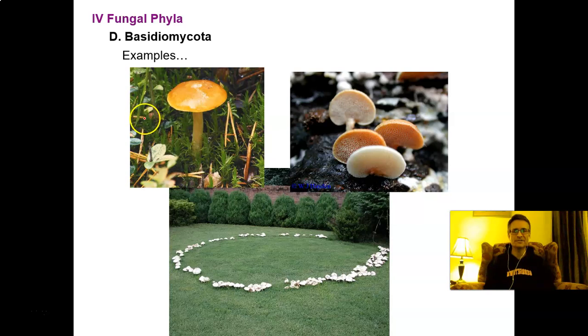Here are a couple of examples of different basidiomycetes. Mushrooms, of course, are one example, as we've been talking about. Another example are shelf fungi that often decompose dead, rotting trees. Sometimes they even get started before the tree is dead. So these are sort of lying on their side.